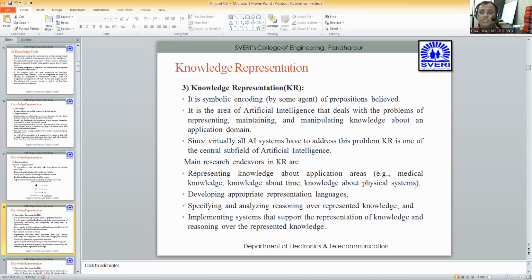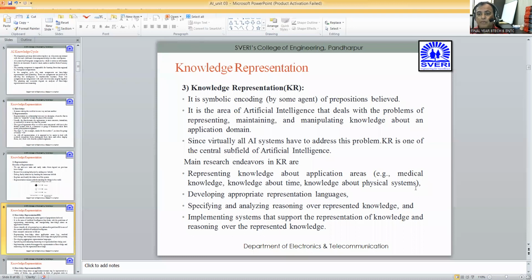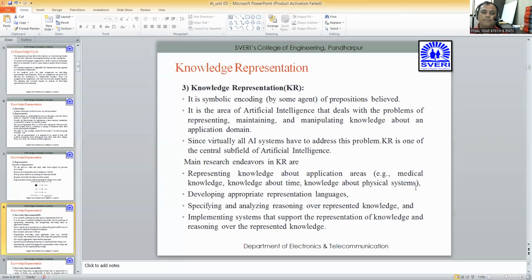So main researchers जो है वो knowledge representation को कहाँ use कर रहे हैं, ये भी समझना जरूरी है. Where they are using. So they are representing knowledge about application areas like medical knowledge, knowledge about time, knowledge about physical systems.